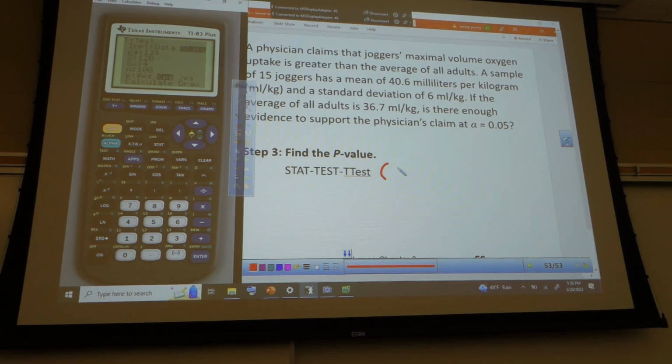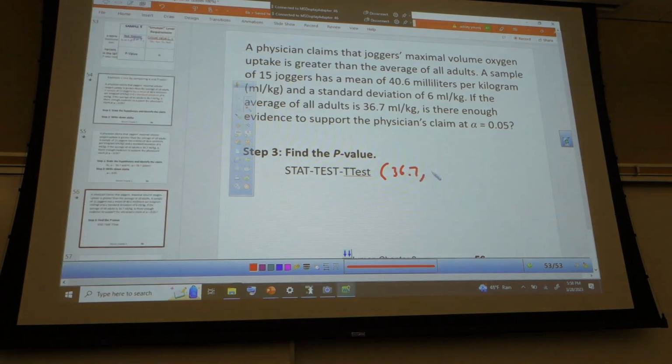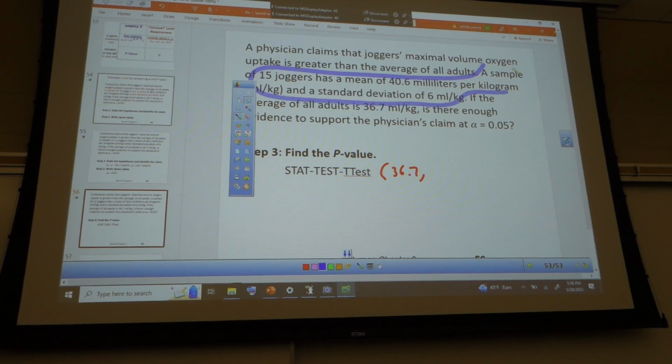Mu naught is from my claim, 36.7. X bar is from my sample, and again, my sample is right here. So it's going to be 40.6. My s is 6. My n is 15. And my claim is greater than.